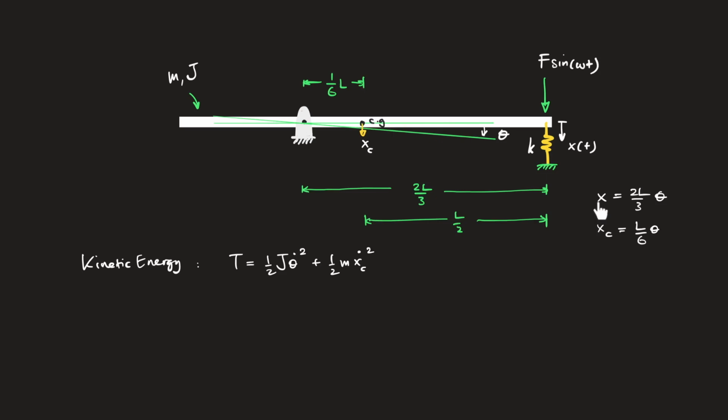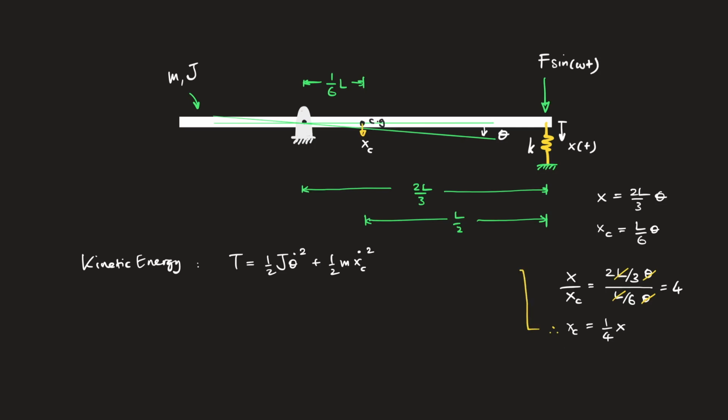We can divide x and xc, and we can cancel out theta and L, and thus we have x over xc equals 4, or xc equals 1 over 4 x.